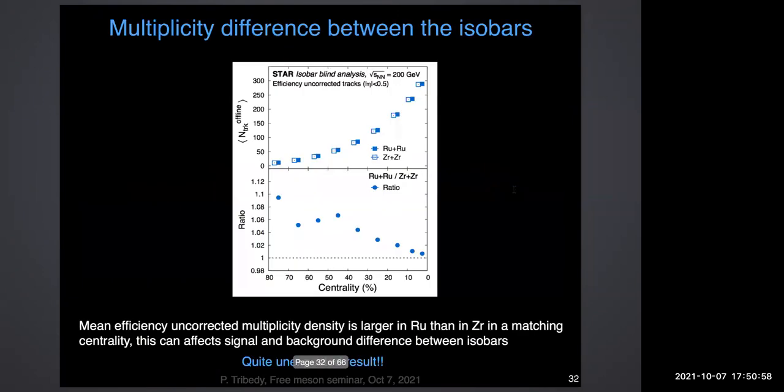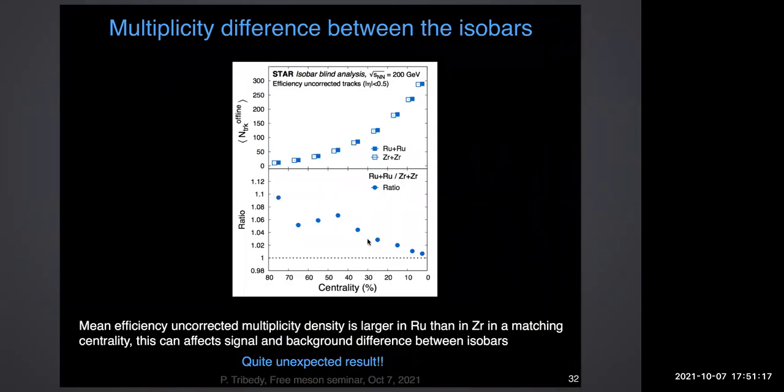For the last few minutes, let me quickly go through results. The first shock that we have: I'm plotting the average multiplicity in ruthenium and zirconium, shown by solid and open symbols, as a function of centrality of collisions.